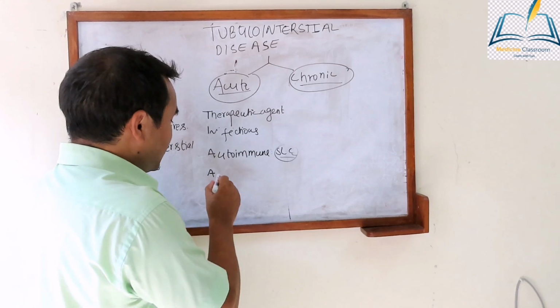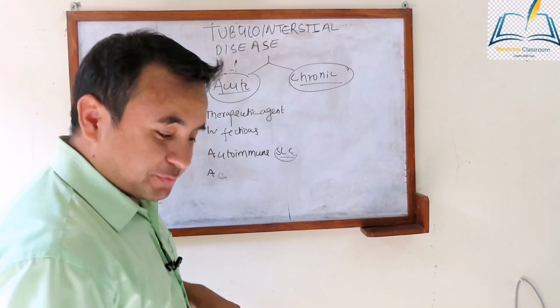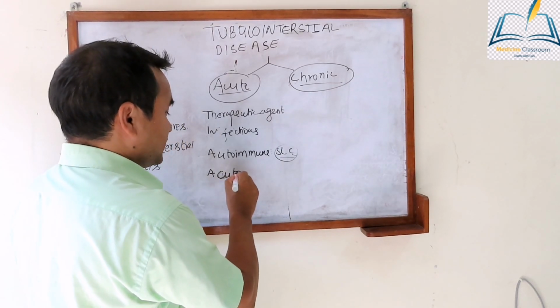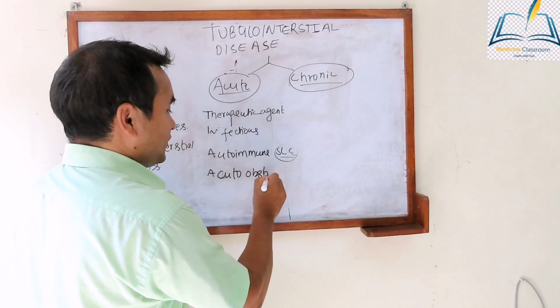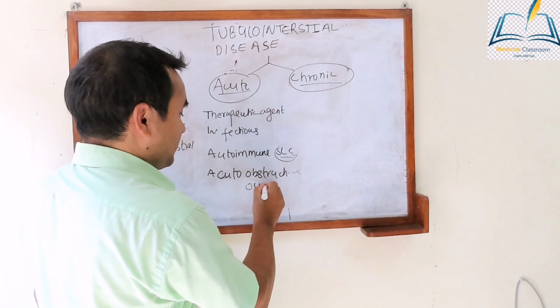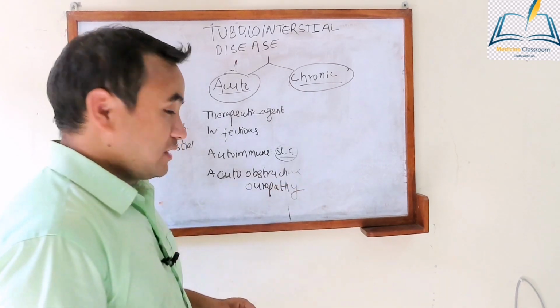Similarly, another A means acute obstructive uropathy.